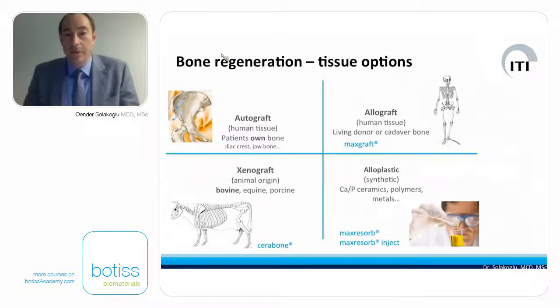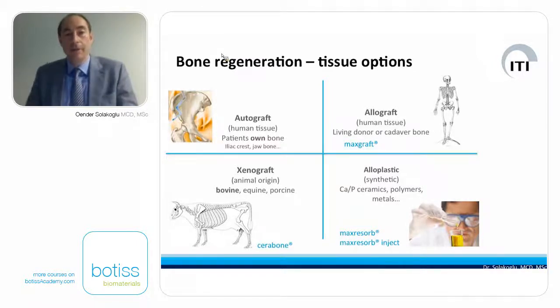And one of these materials, the MaxGraft, I will show and discuss tonight. The xenograft materials originate from animals. They are of bovine, equine, or porcine origin, and we all know these materials, and they are also very well described in the literature.